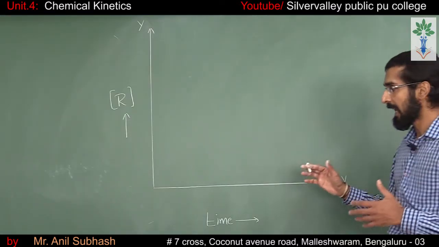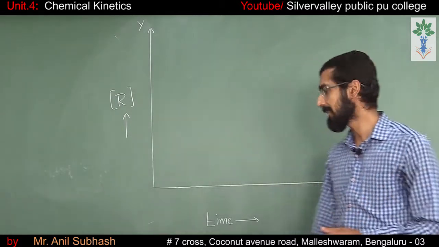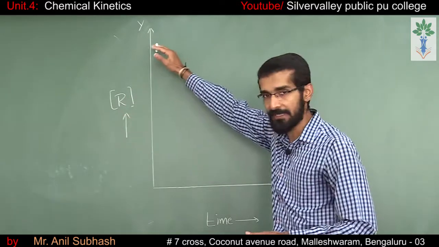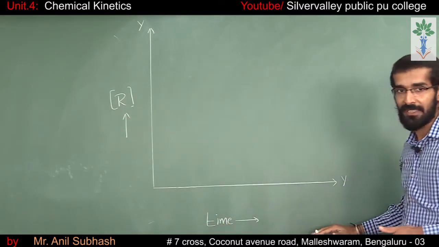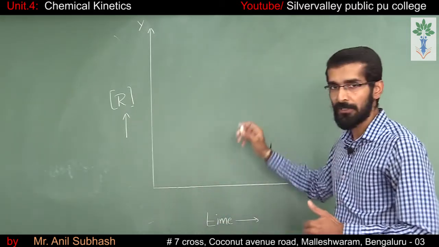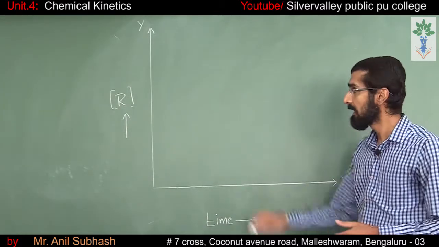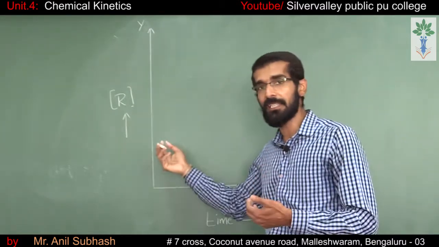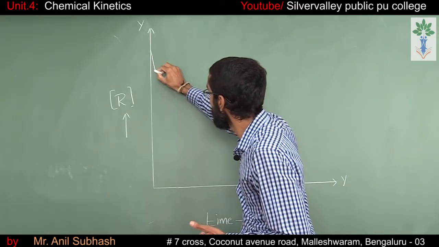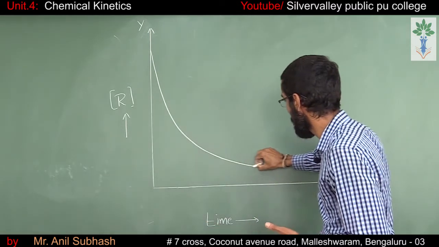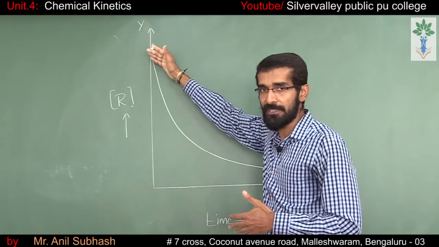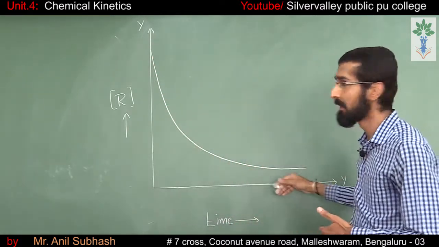Instantaneous rate and average rate can be calculated graphically by plotting the concentration of the reactant along the y-axis and time along the x-axis. How does concentration vary with time? We all know that whenever a chemical reaction takes place, the concentration of the reactant decreases. So, graphically, this is how the concentration of the reactant varies with time.